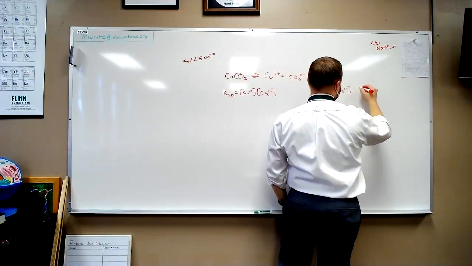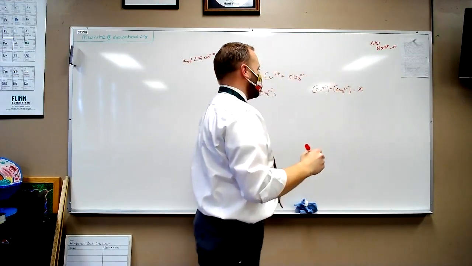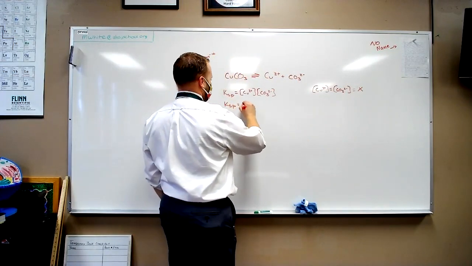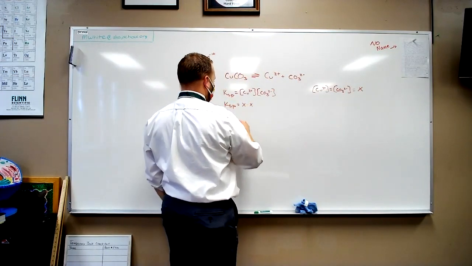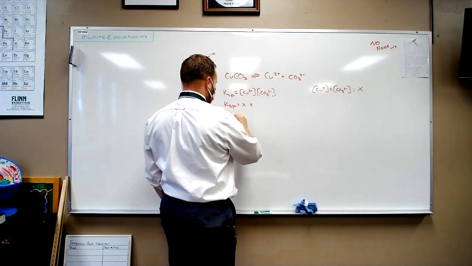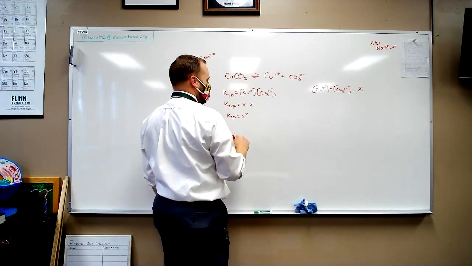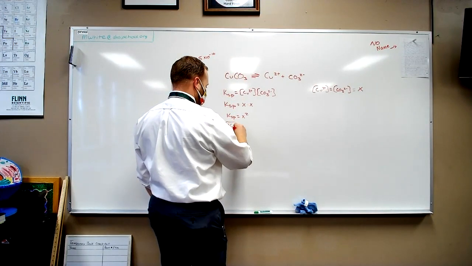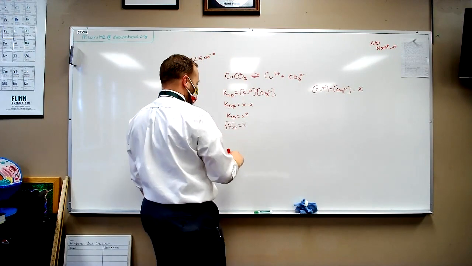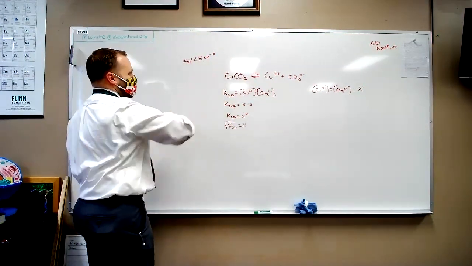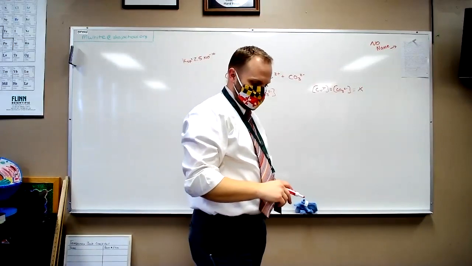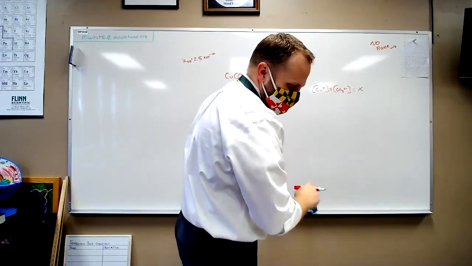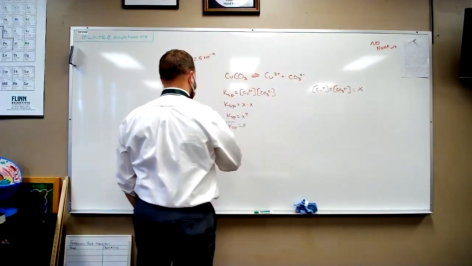If we set that equal to X, then we can say that Ksp is equal to X times X, or Ksp is equal to X squared. If we want to know what X is, we take the square root of Ksp. We throw that in there, and we take the square root. When we put that in our calculator, it's 1.6 times 10 to the minus 5.